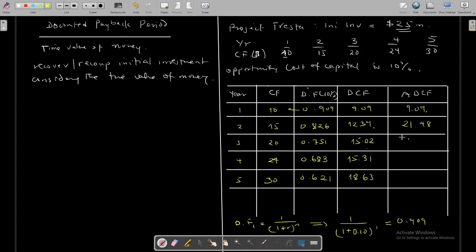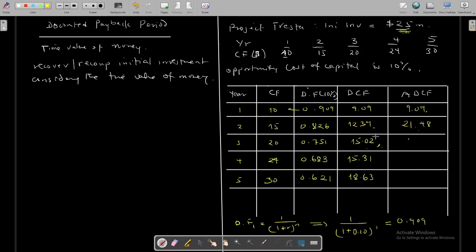Why can't we add all the 15.02 to the 21.48? It's because the project wants only 25 million. They want to recover the initial investment. If we add all the 15 million to the 21.48, it's over and above the 25 million. Therefore, we want the exact 25 million.